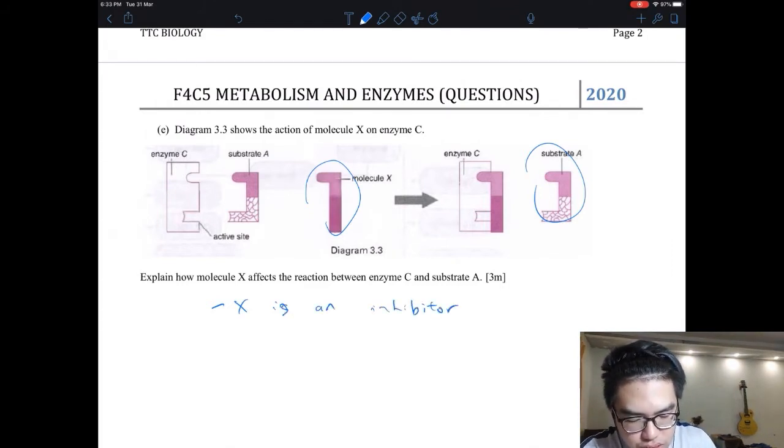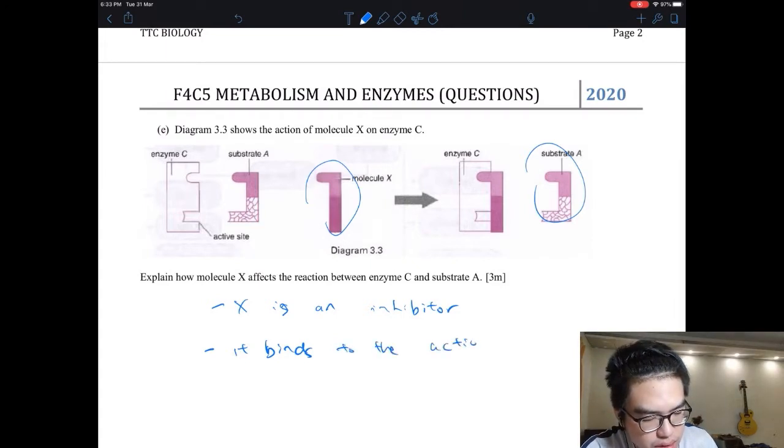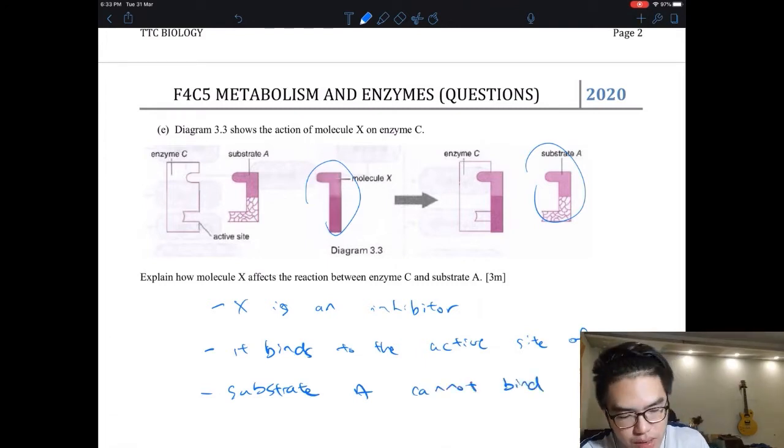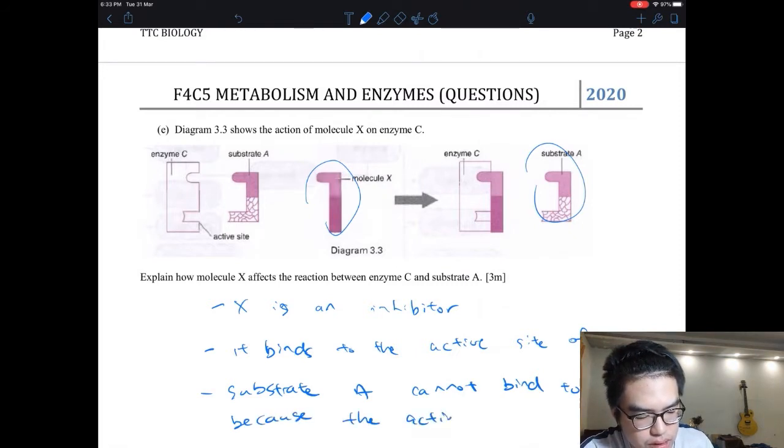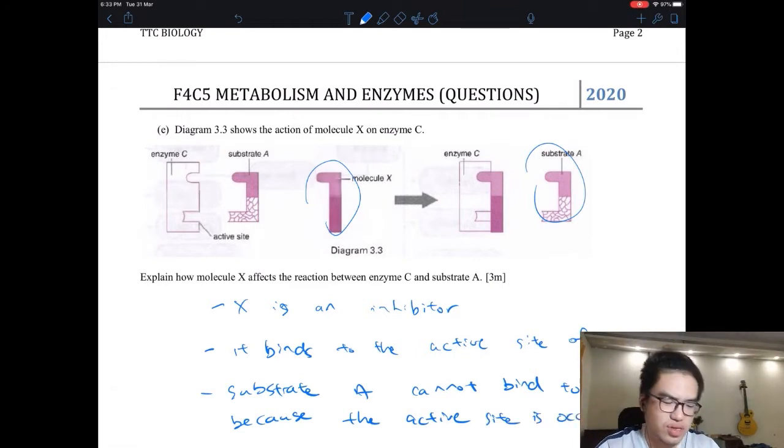It binds to the active site of enzyme C, so substrate A cannot bind to it. Why? Because the active site is occupied. Of course my answer is a bit long, but already shorter, no problem.